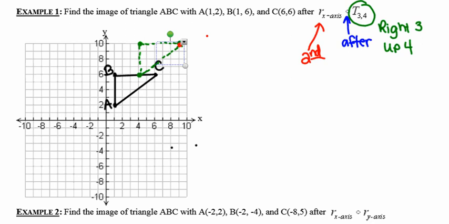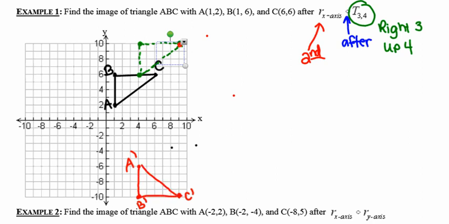So this was my C. When I reflect in the x-axis, C prime now is down at the point 9, negative 10. B was up here. When I reflect that in the x-axis, point B prime now is at 4, negative 10. And my A was right here. When I reflect that in the x-axis, it becomes 4, negative 6.